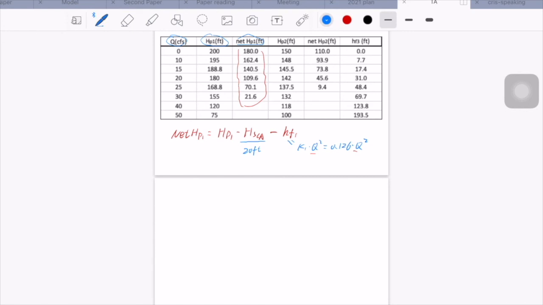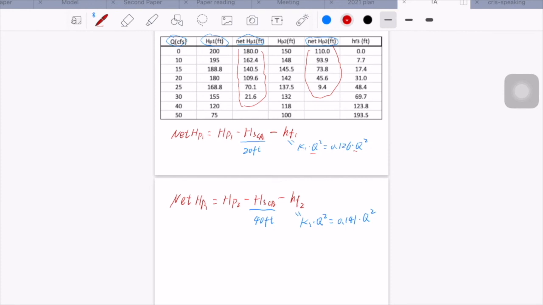Also, we can determine the net HP2 in this column, since we know the net HP2 equals HP2 minus HSCB minus HF2, and the HSCB we determined before is 40 feet, and HF2 equals K2 times Q squared, equals 0.141 times Q squared.